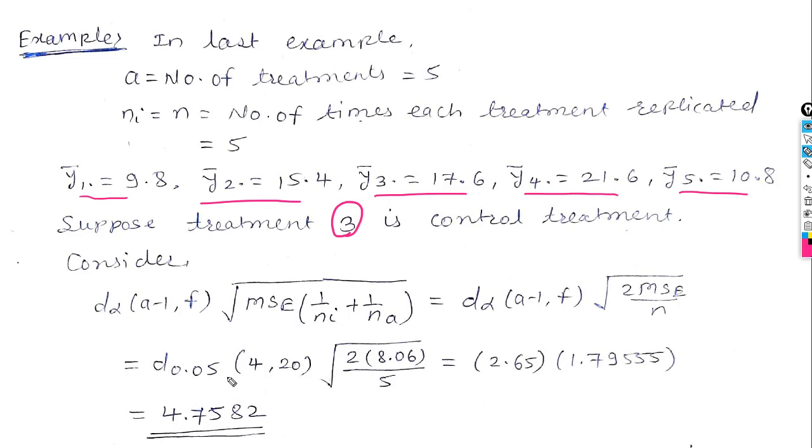Take alpha equal to 0.05, and the total number of treatments is 5, so a minus 1 becomes 4, and the error degrees of freedom are 20. Here it is the square root of 2 times MSE, which in that example is 8.06, and n is 5.